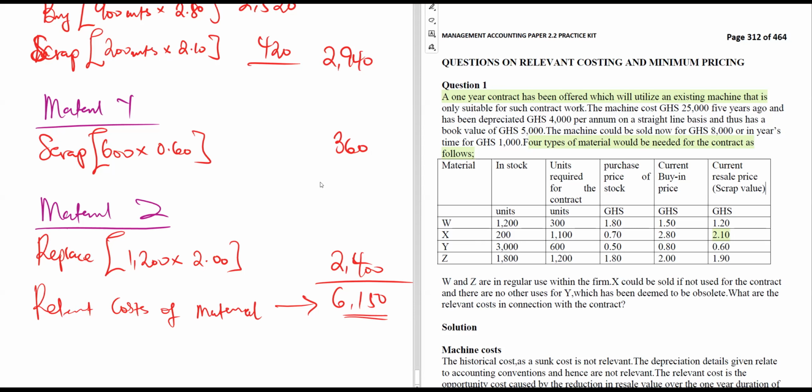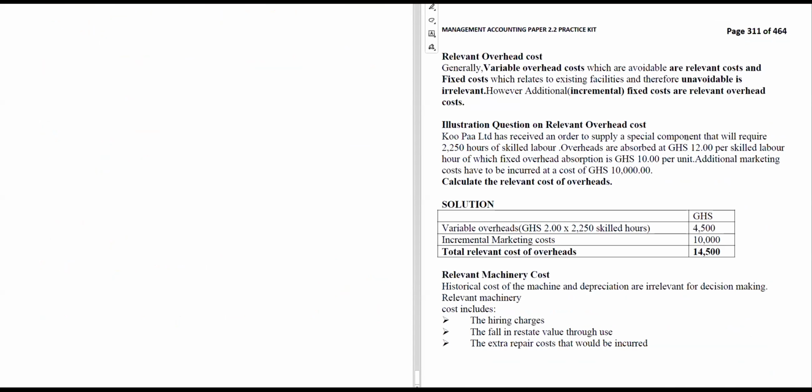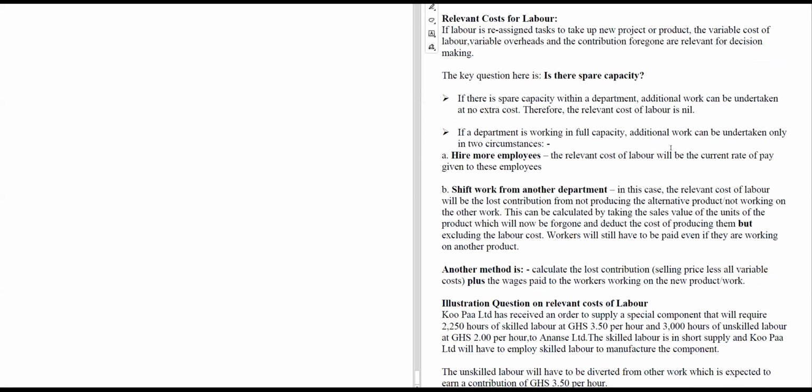If alternative use, then the alternative use becomes the relevant cost. But if you have to choose between scrap and alternative use, you go for the highest, right? That's it. So are we okay with relevant cost of materials? Yes. Okay.